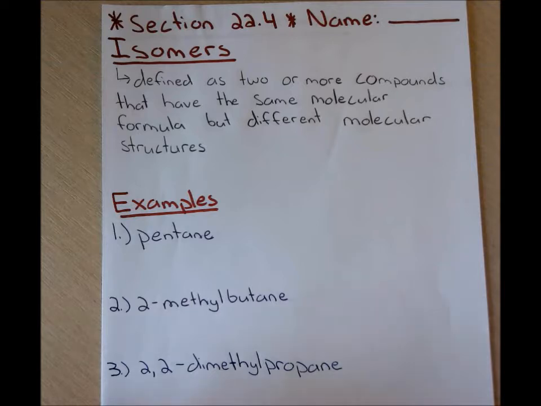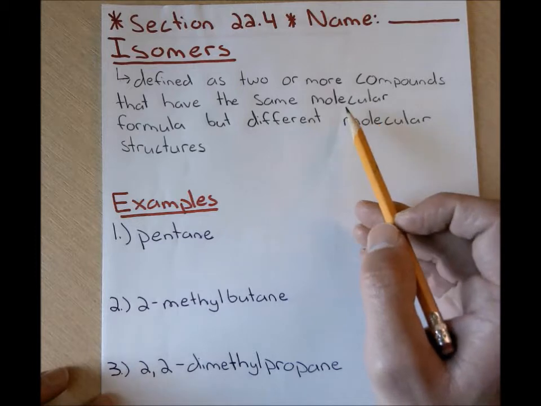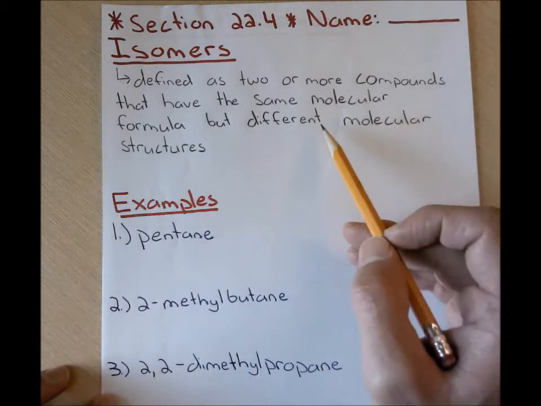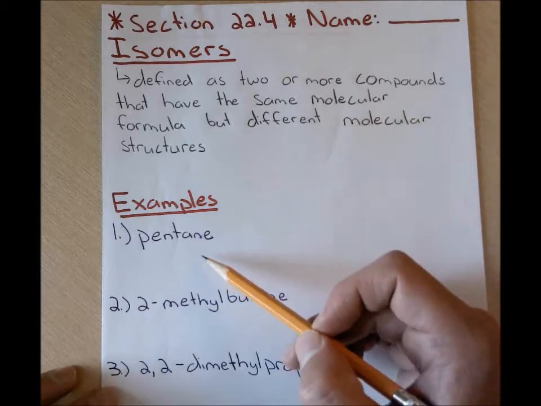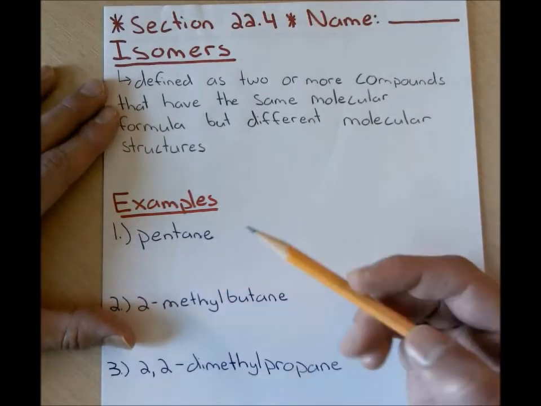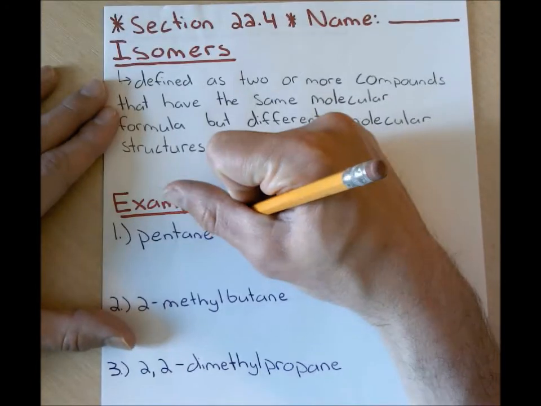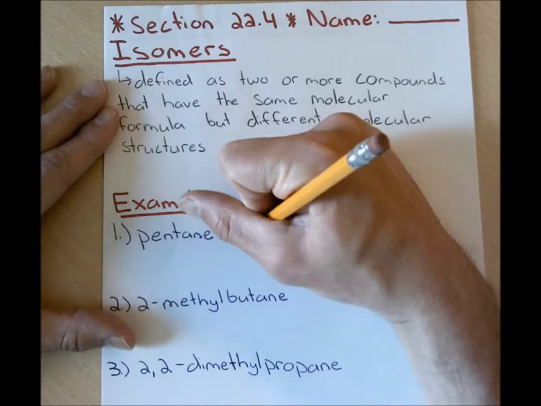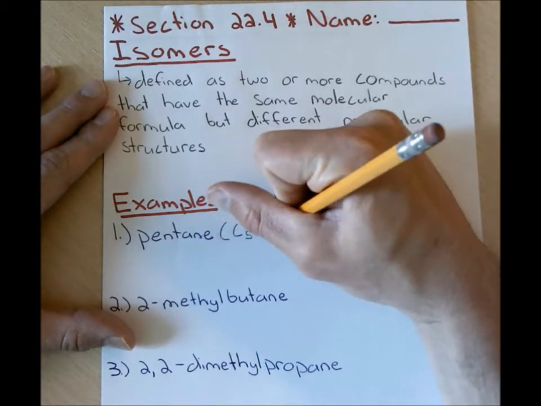If we look back at the definition, they are going to have the same molecular formula. For pentane, all of these have a formula of C5H12.